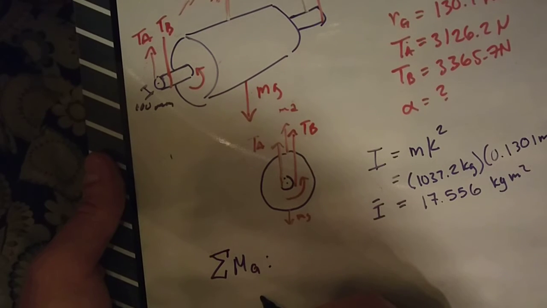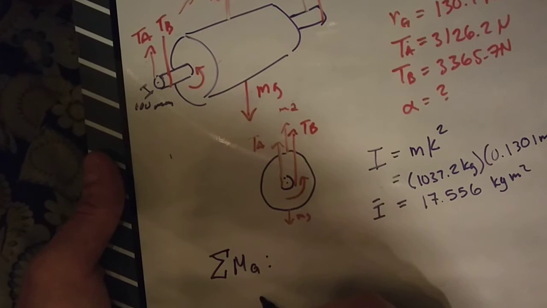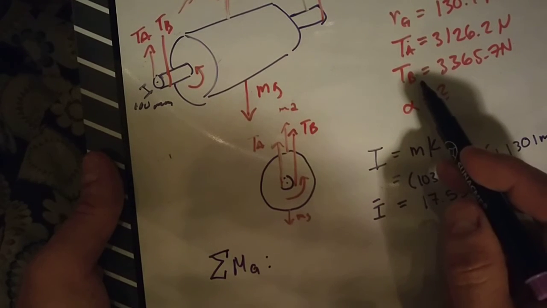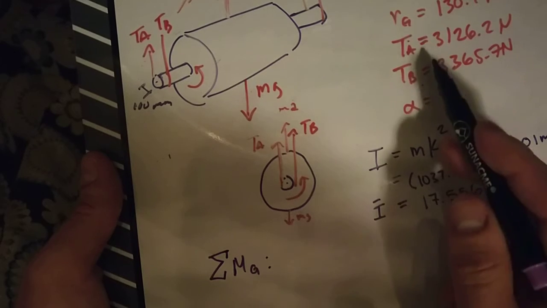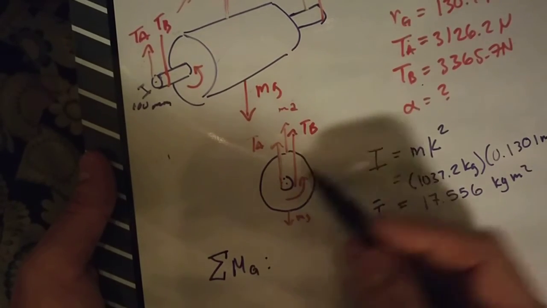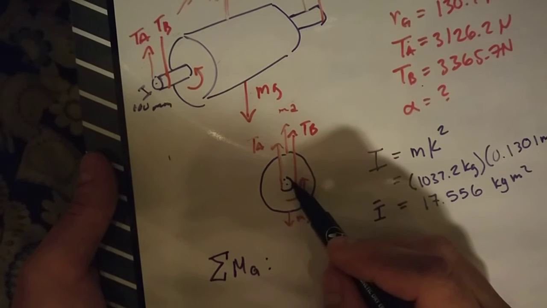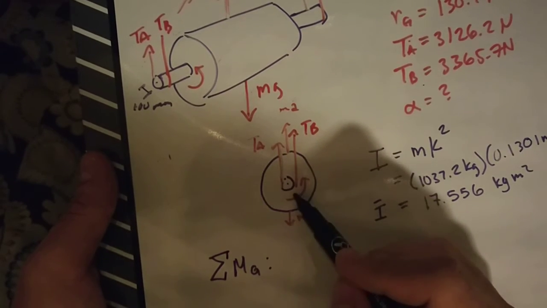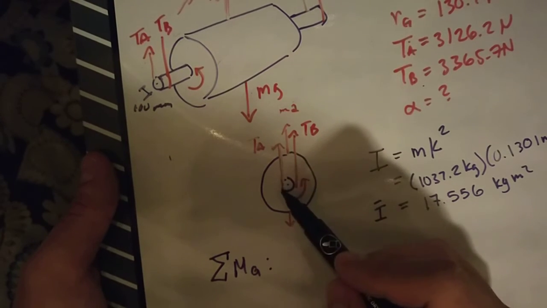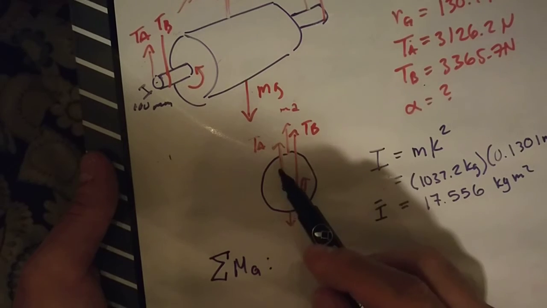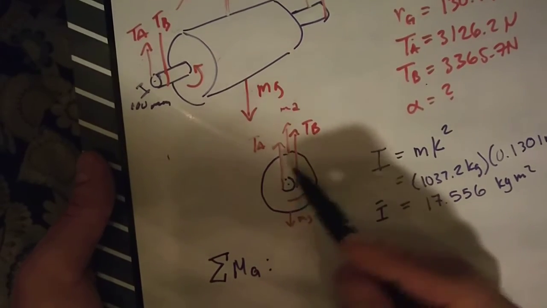So what we'll do is sum all that up. We know that the tension at B is larger than the tension at A. And if we look here, just analytically, we can see that the tension at B, since it will be larger, will be causing a positive moment, and the tension at A will be causing a negative moment. But since this is larger, you'll have an overall positive moment.